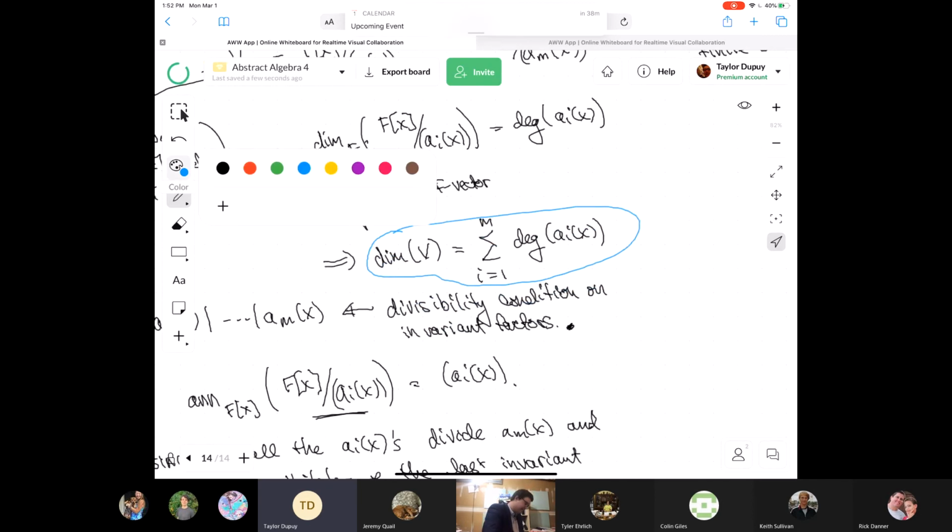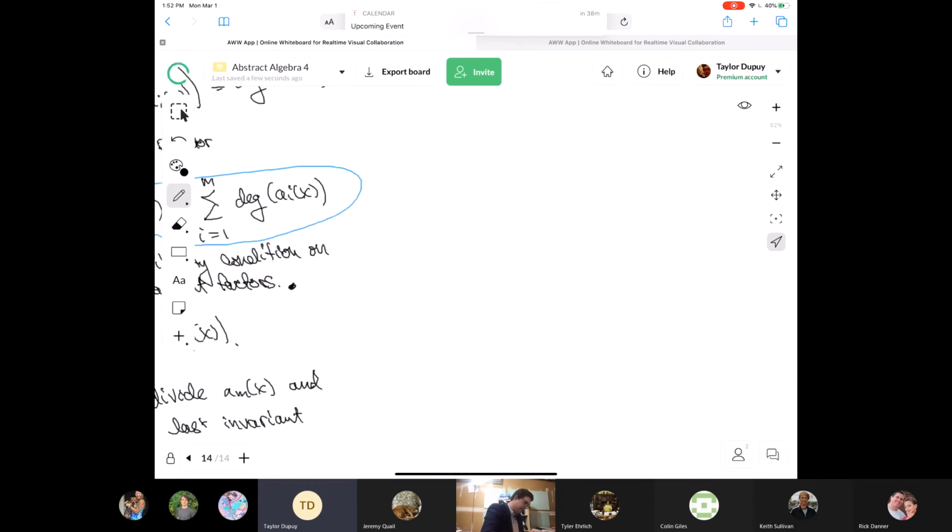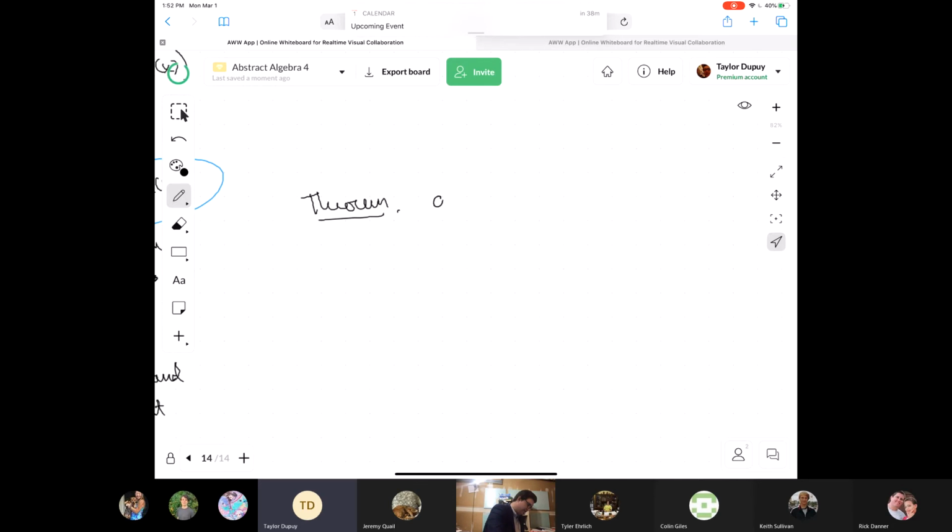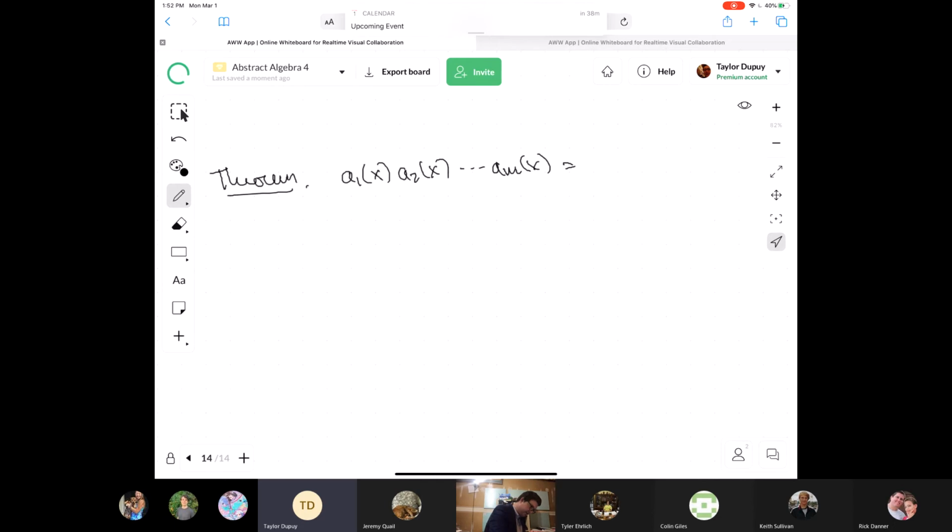So that suggests there's this theorem that Rick was saying, that a_1 of x, a_2 of x, up to a_m of x is equal to the determinant of xI minus T. This is the characteristic polynomial.